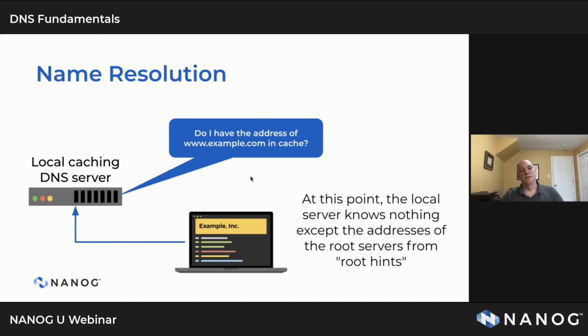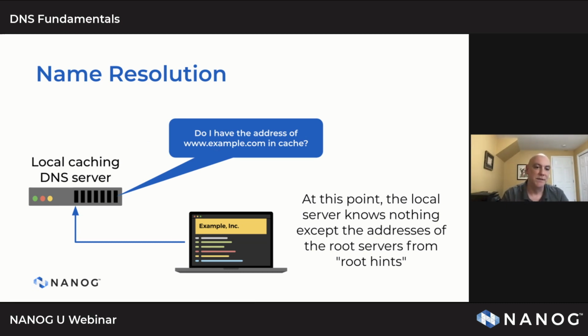Just assume that this local caching resolver just booted up, right? So do I have the address of www.example.com in my cache? The answer, of course, if I just booted up, is no. When a resolver first boots up, all that it has in its configuration is what's called root hints.